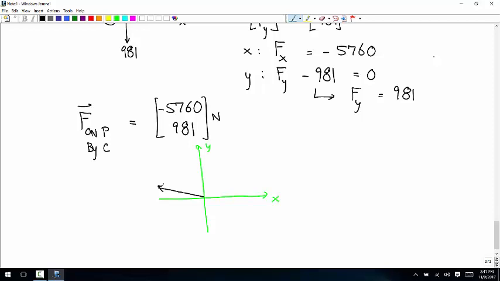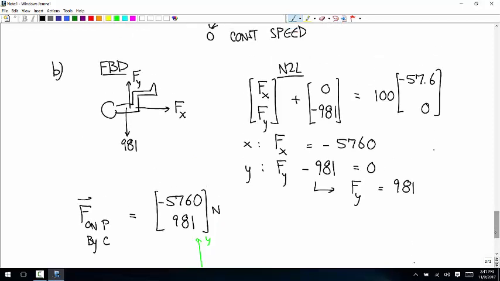Yep. 5760, because in part A, we calculated the acceleration was this. And so Fx is equal to 100 times this.